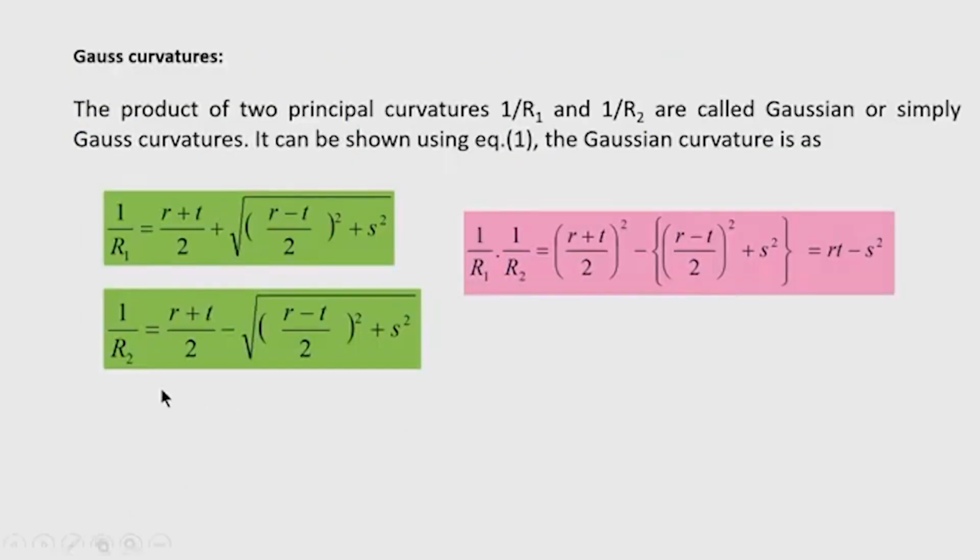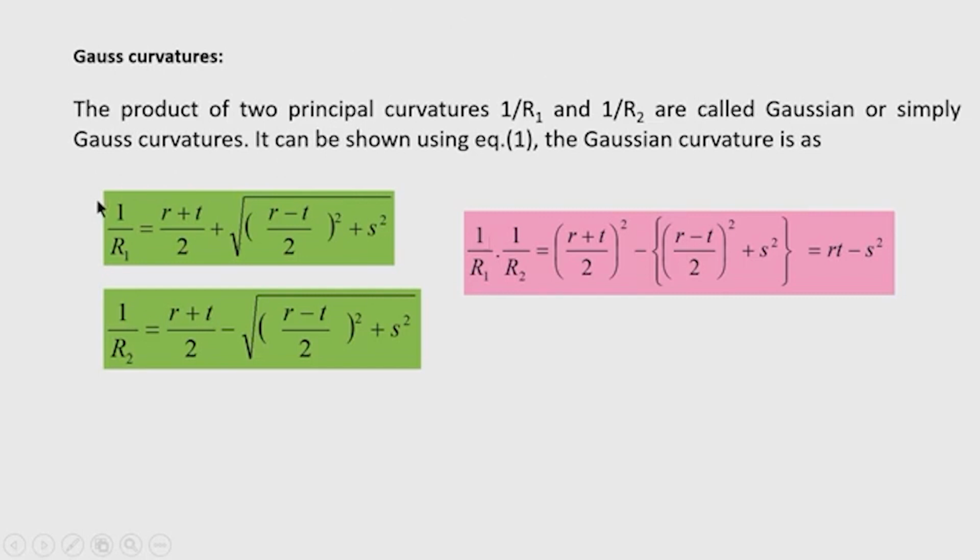Now, let us define a term based on the principal curvature applicable to the shell surface. If I take 1 by r 1 as a principal curvature and 1 by r 2 as another principal curvature, and get the product of the two principal curvatures, this is called Gaussian curvature or simply Gauss curvature.